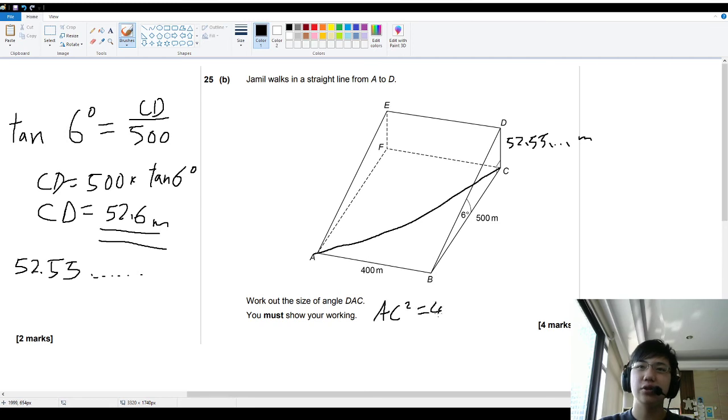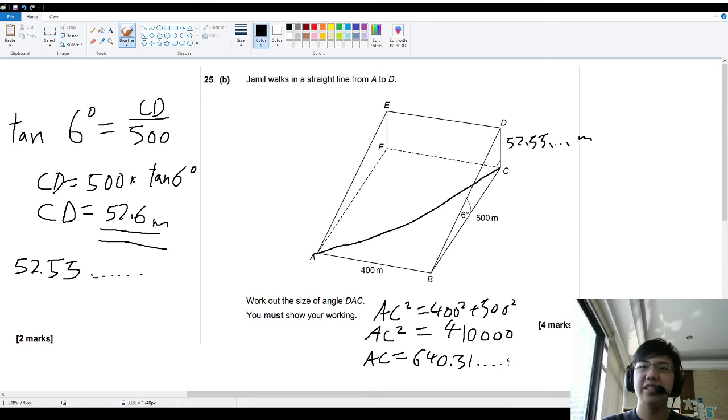So AC squared equals 400 squared plus 500 squared, which gives us 410,000 for the length of AC squared. So the length of AC itself is around 640.31 something meters, of course. So also save that value on your calculator.